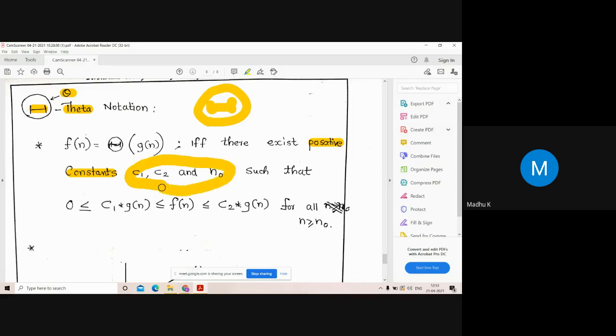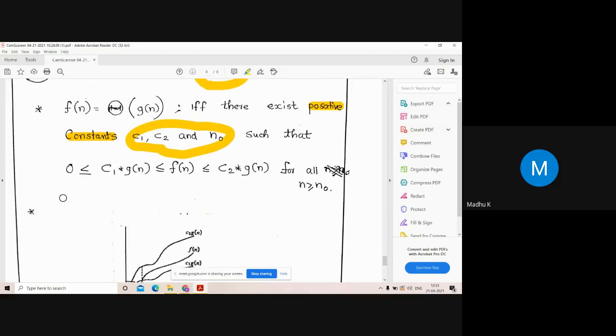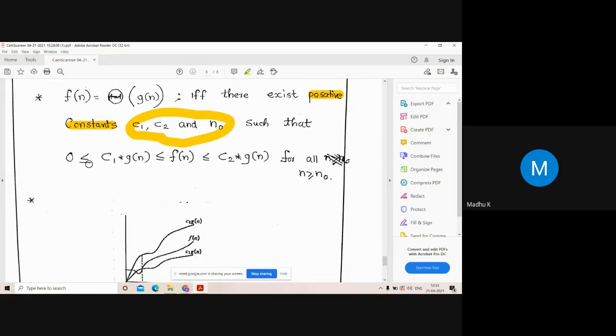Such that this condition should be satisfied: 0 less than or equal to C1 into g of n less than or equal to f of n less than or equal to C2 into g of n for all n greater than or equal to N0. This is the condition for theta notation.